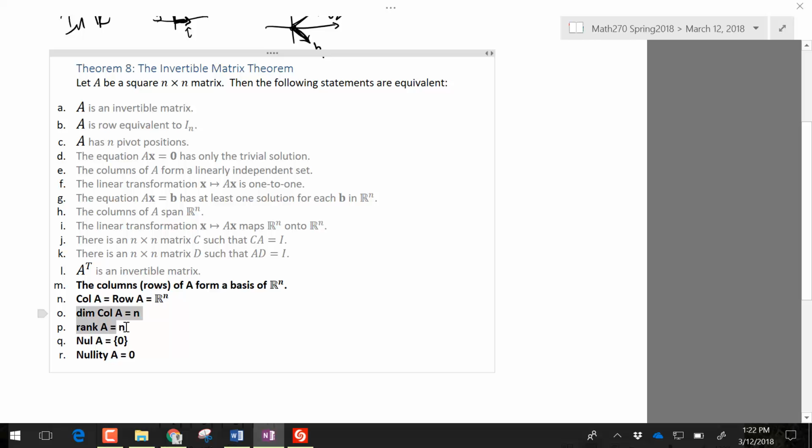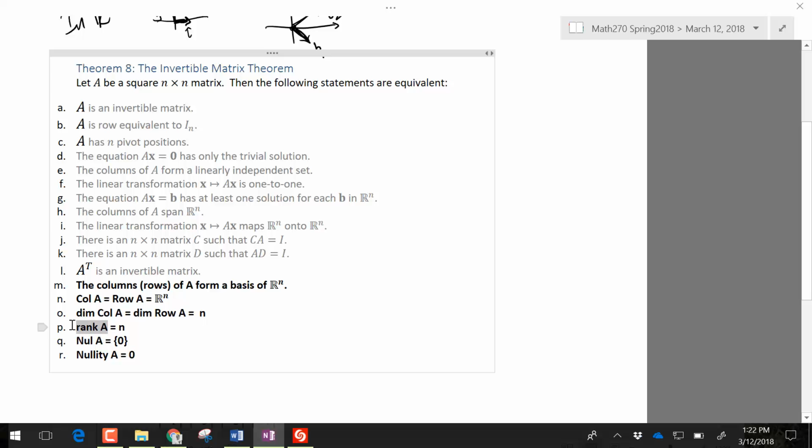I don't know why they put dimension of column space of A and rank of A, because they mean the same thing by definition, but that's what they did. So the dimension of the column space equals the dimension of the row space, and that's equal to n, the number of rows or the number of columns.